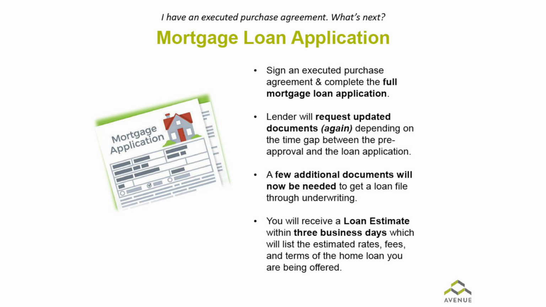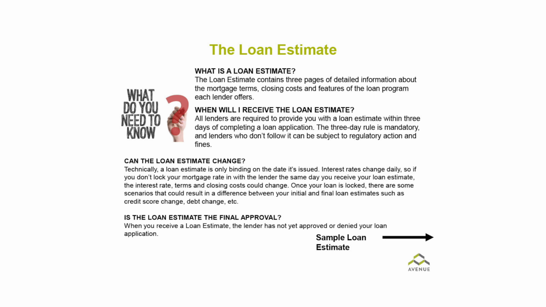The loan estimate contains 3 pages of detailed information about the mortgage term, closing costs, and features of the loan program that each lender offers. Again, we're going to get that to you within 3 days, and that's mandatory. If we don't produce this within a 3-day period, we can be in trouble with fines and everything else.